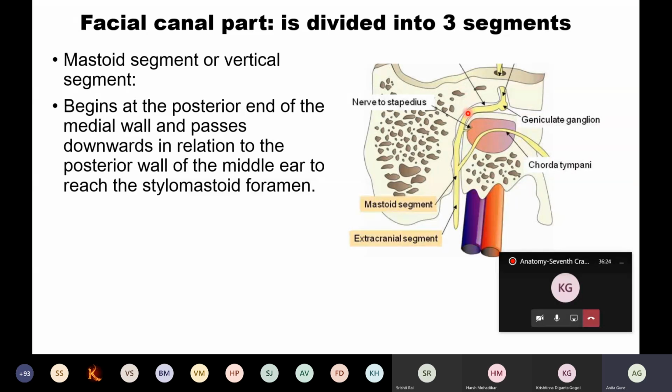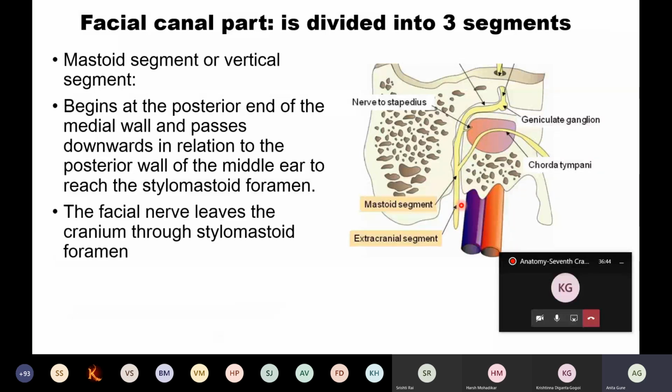It will start from the posterior end of the medial wall of the middle ear cavity. It will go vertically downwards till it reaches a foramen which is present between the styloid process and the mastoid process. You all have seen this foramen, which is called the stylomastoid foramen. So through the stylomastoid foramen it will come out of the cranium.